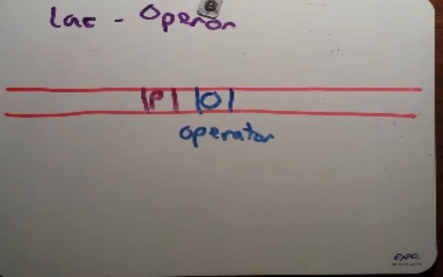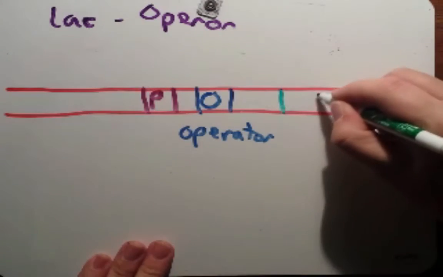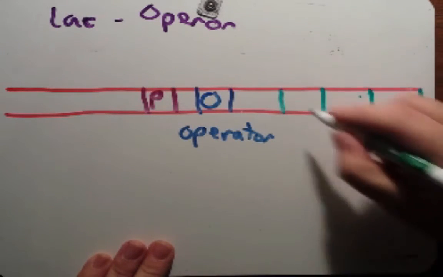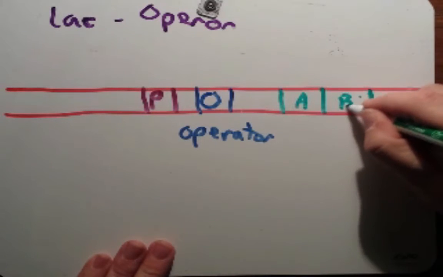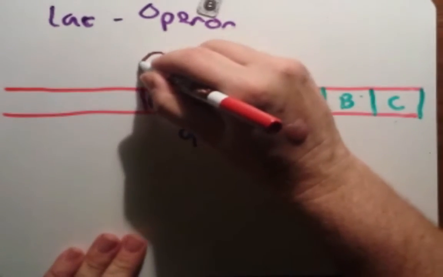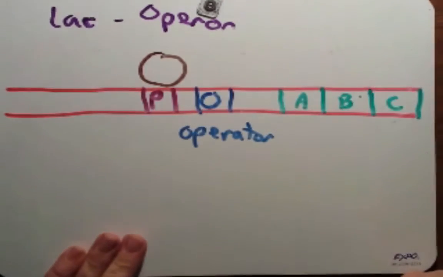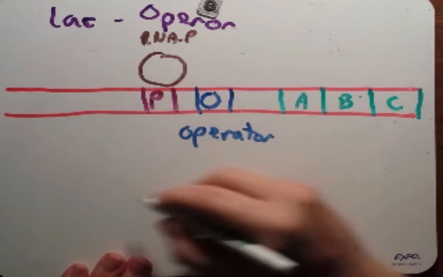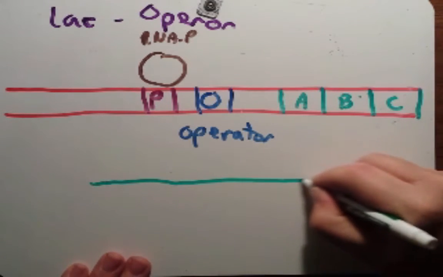Now the thing that makes this system work, and makes it work really nicely, is that there will be multiple genes right next to each other. Now, for now, let's just call these A, B, and C. When a RNA polymerase binds here and makes messenger RNA, what it actually makes from these genes is a single messenger RNA.